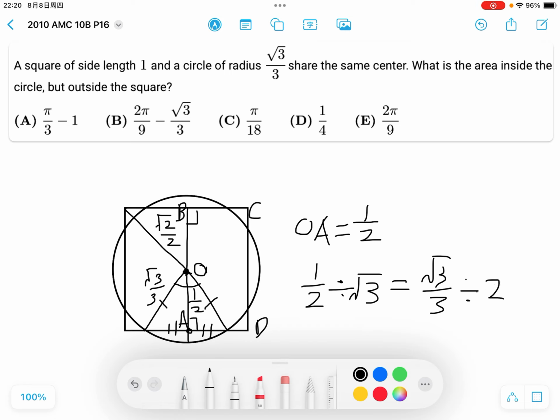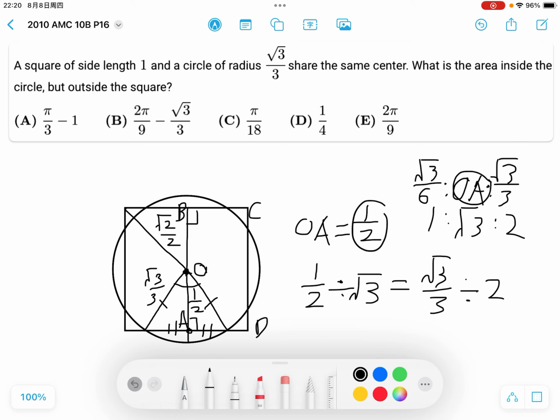I know that the portion on my sides are 1, √3, 2. So the longer leg here, the OA, is going to be this √3 portion. And this shorter side here is going to be 1/2 of √3/3, which is √3/6. So I just want to make sure that the length of OA, which is 1/2, is actually equal to √3/6 times √3.